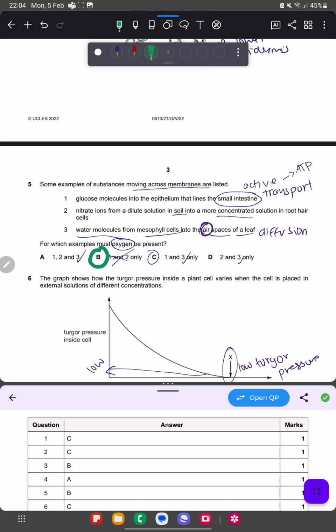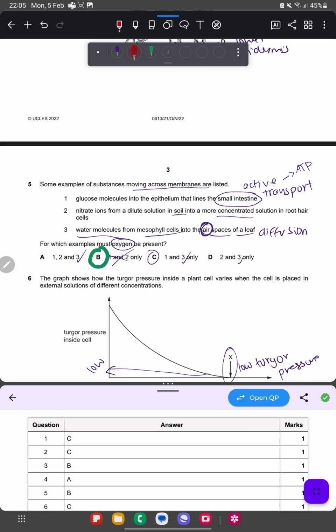So it's not water molecules from mesophyll cells into the air. This doesn't require oxygen. Maybe we're just talking about ATP, nitrate ions from a dilute solution in the soil to more concentrated. Oh, I see.